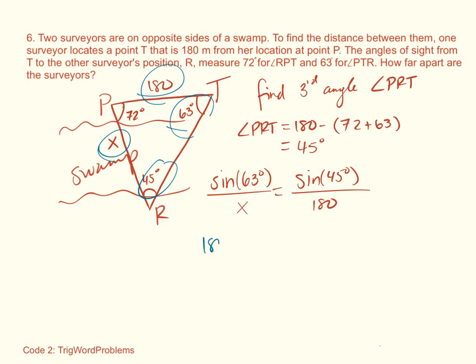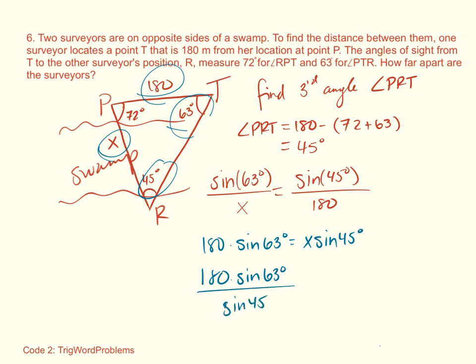So I get 180 times sine of 63 is equal to x times sine of 45. And then to solve for x, I'm going to divide by sine of 45. So I get 180 times sine of 63 over sine of 45 is equal to x. So I get that x is equal to 226.8. Again, we only want 3 significant digits, so that's going to be 227 meters.